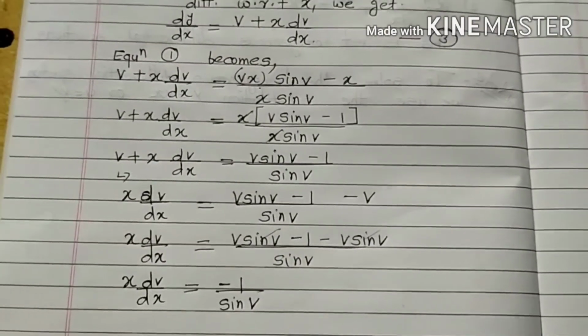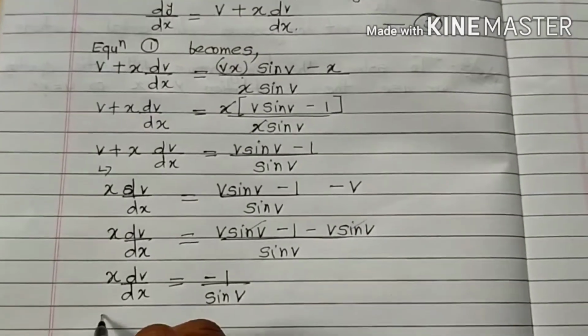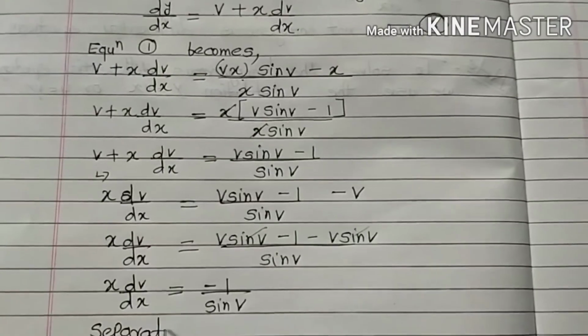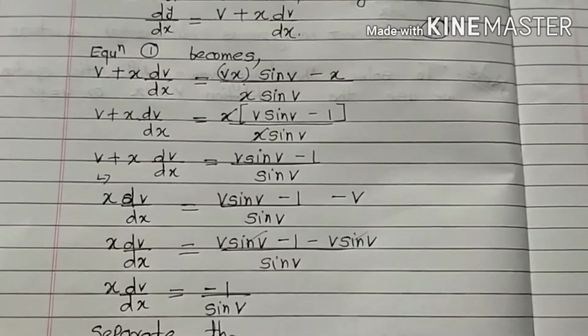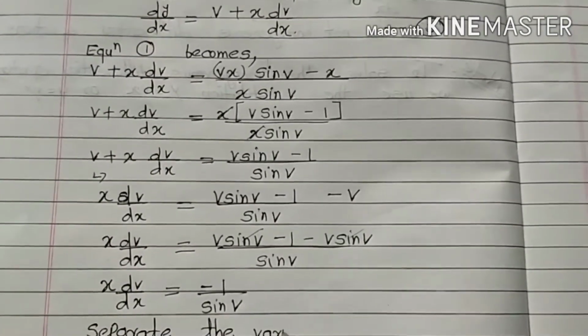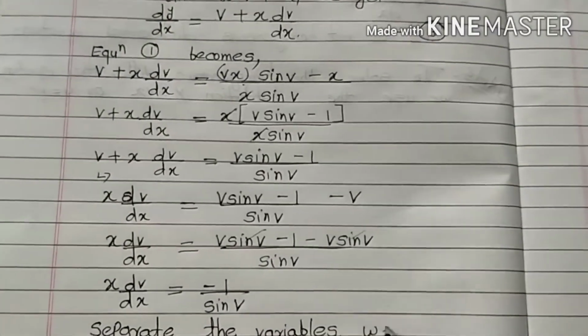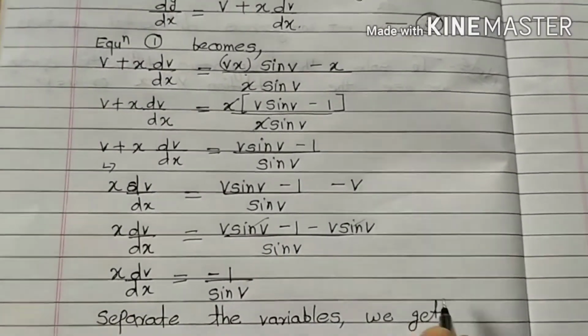Okay. Now separate the variables. So we get the variable separable form. So what is that form?